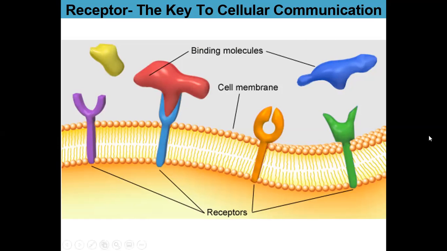Here you see that these are the binding molecules. These binding molecules are called ligands, right? And these ligands are mostly protein, and receptors are also most of the time protein, but they may be some other macromolecules like carbohydrates, right? So these macromolecules will have some kind of biochemical reactions.